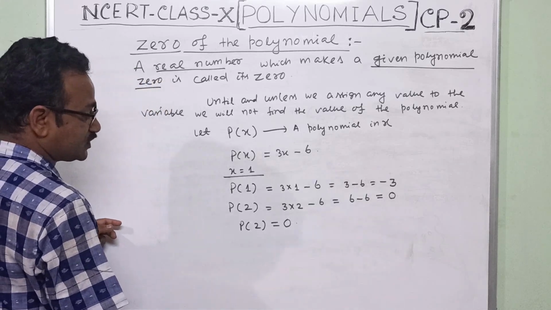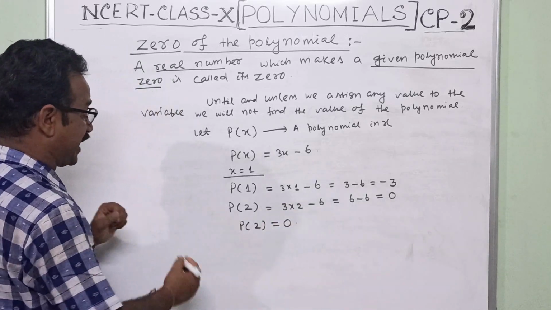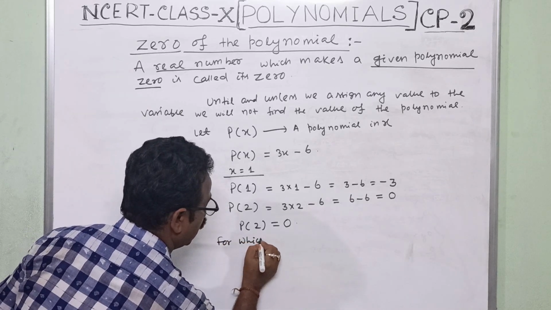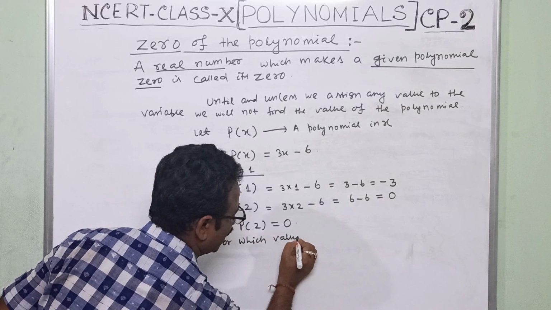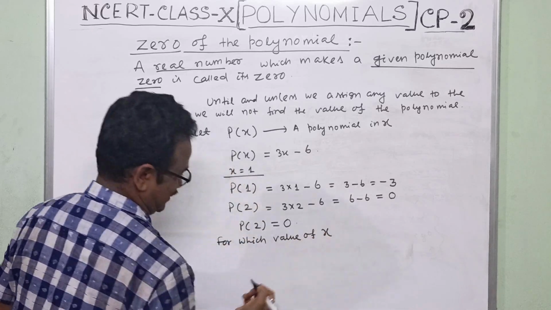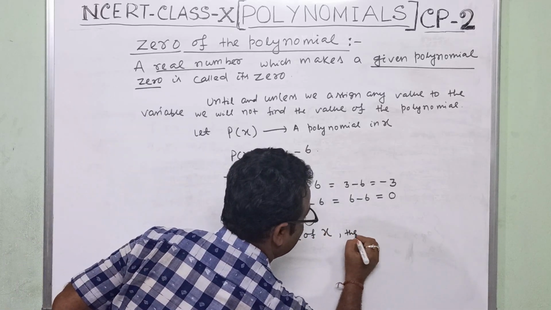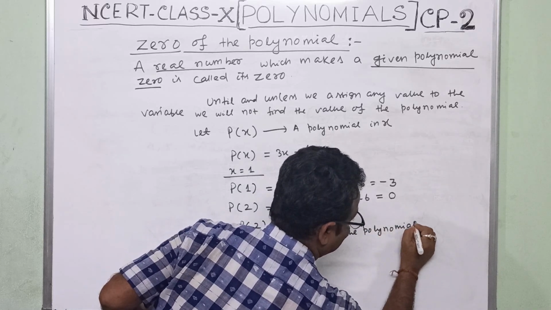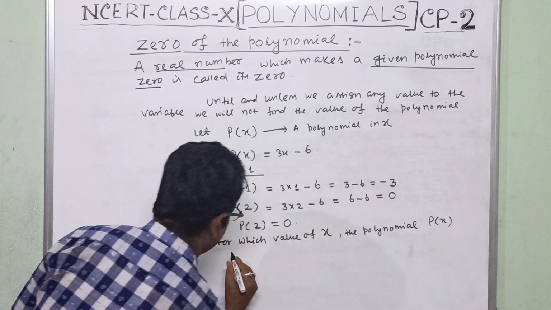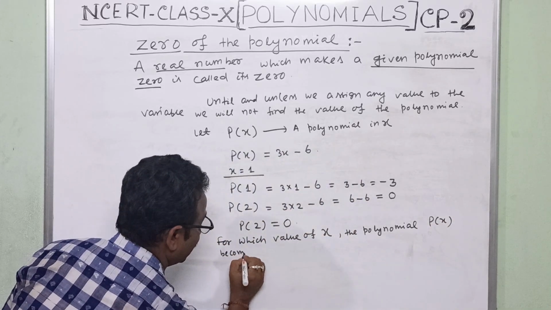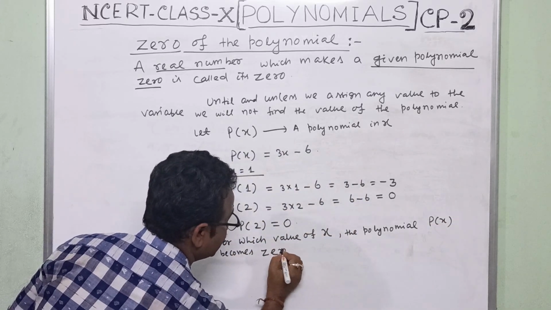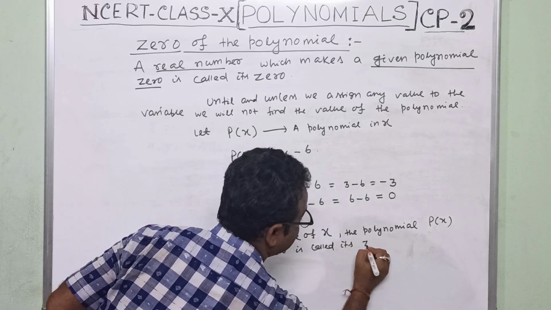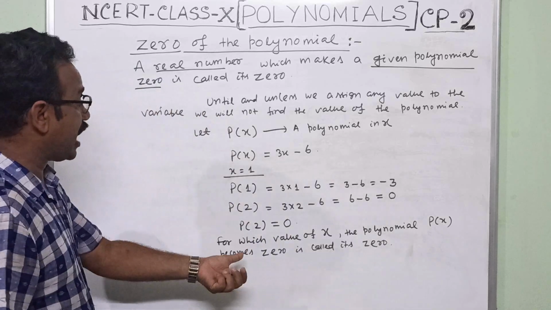Now for which value of x does the polynomial p(x) become 0? That is called its zero.